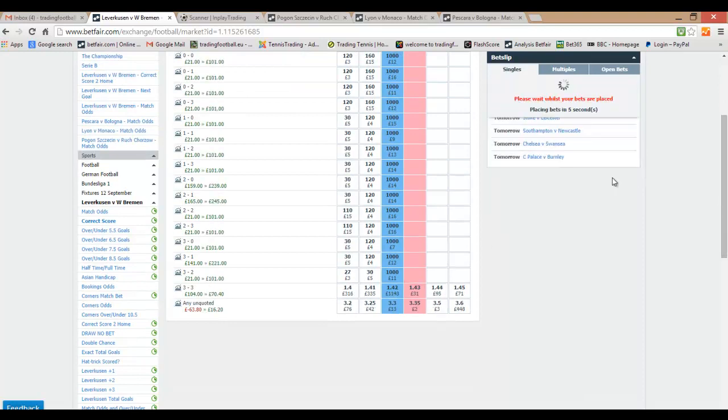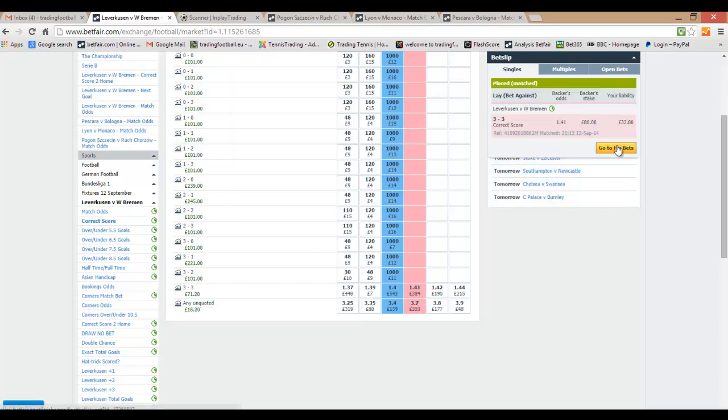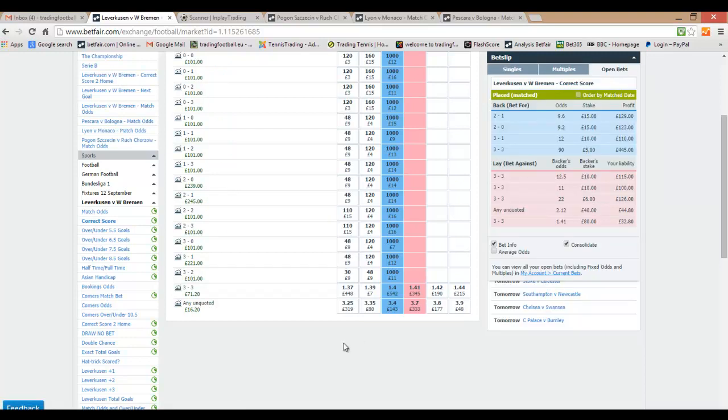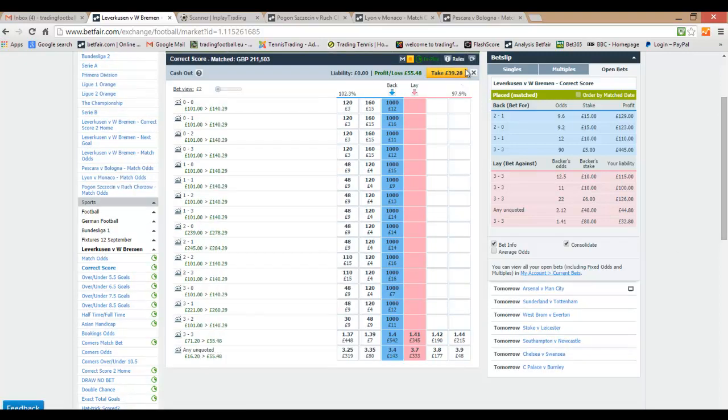Now here I've got £104 green on the 3-3 plus £90 in the match odds if it stays a draw. That's £190 less £31. I've got £160 to play with. I'm going to be laying 3-3 again, this time at 1.41 for £80.